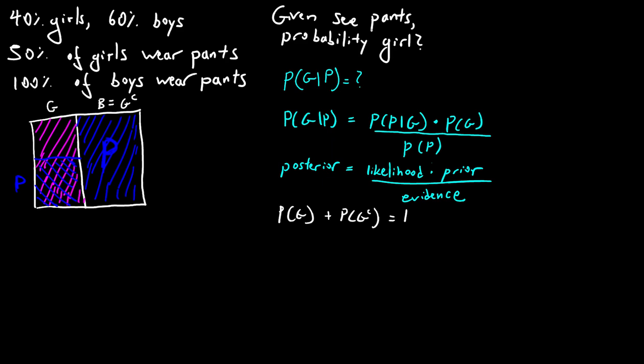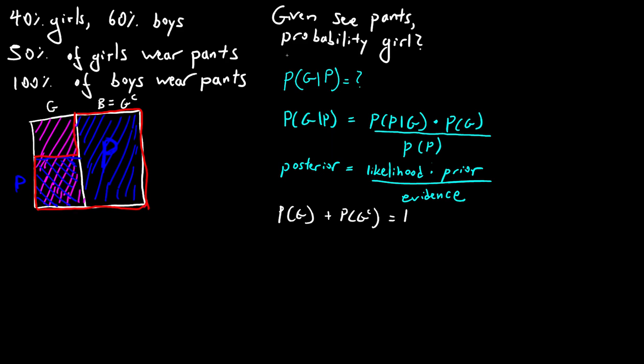But now that we've been given some evidence, right, we've been given these pants here, we will no longer be using this whole square to represent that person. Instead, what we will be using is the part of the square remaining that is still possible, given the evidence that we've seen, which is what I'm outlining in red right now. So this is the key idea of Bayes' rule, right?